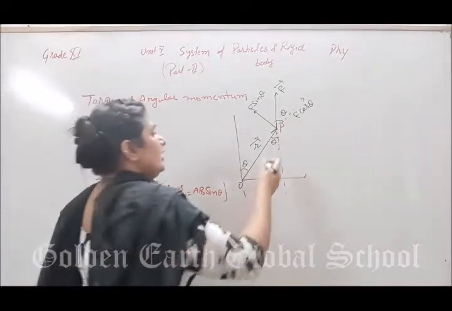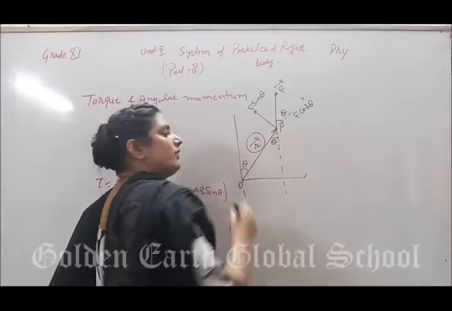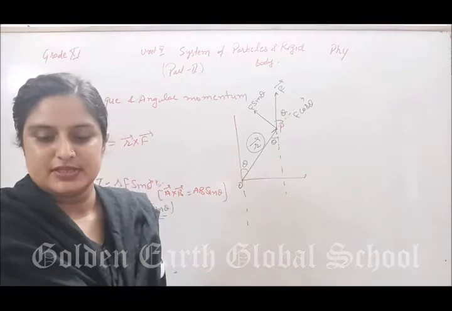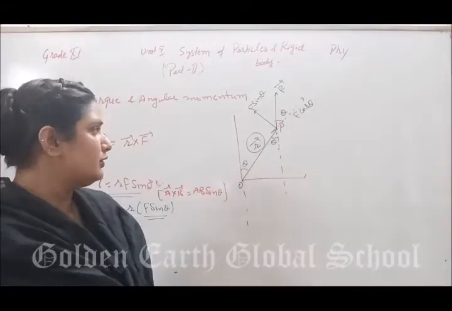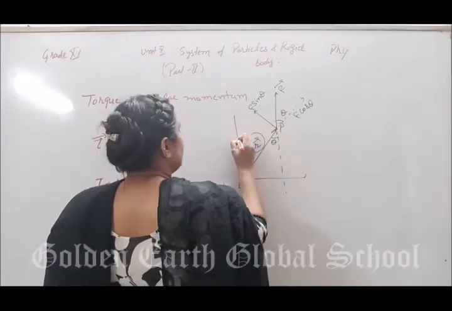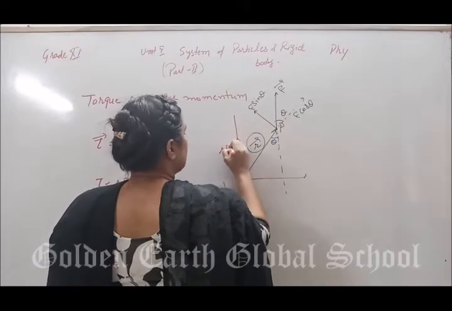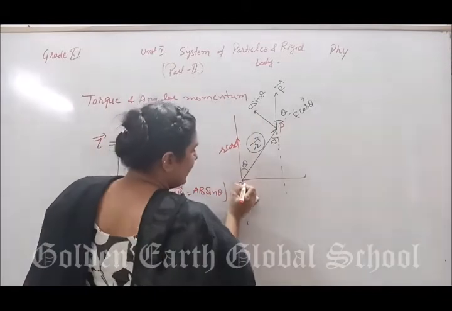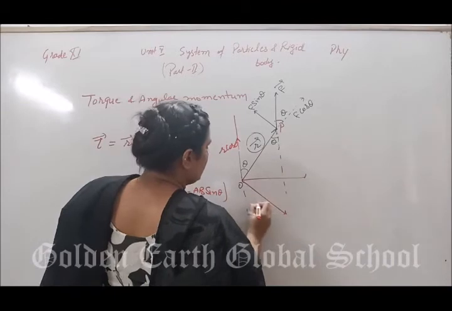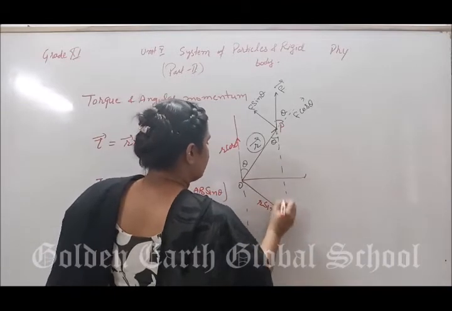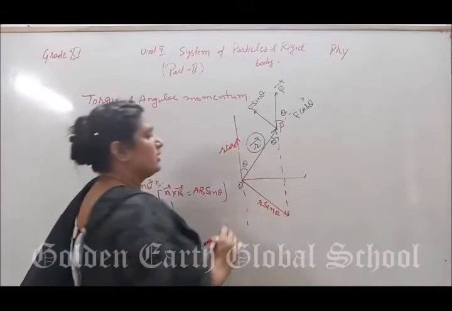Next, I am going to resolve vector R into components. The components will be R cos theta, the horizontal component, and R sin theta, that is the perpendicular component.